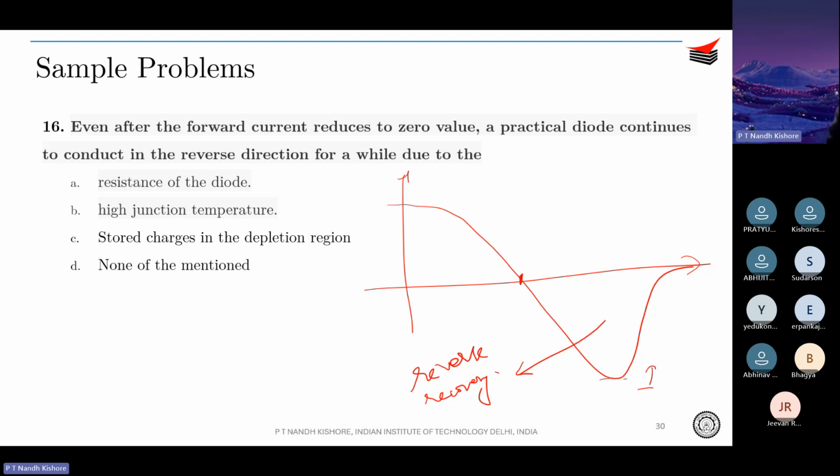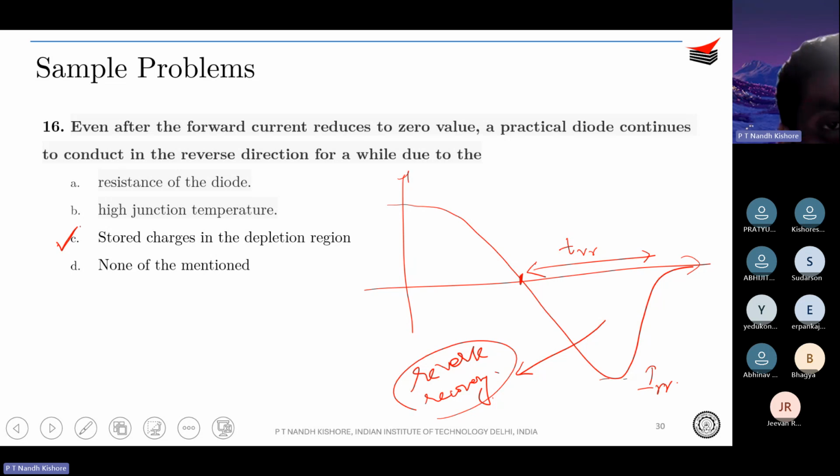You call this IRR, that is the reverse recovery current. And this time period is known as TRR, the reverse recovery period. The reason for this reverse recovery is stored charges in the depletion region. So the answer is this, due to stored charges. Recombination of the stored charges is the reason for reverse recovery.